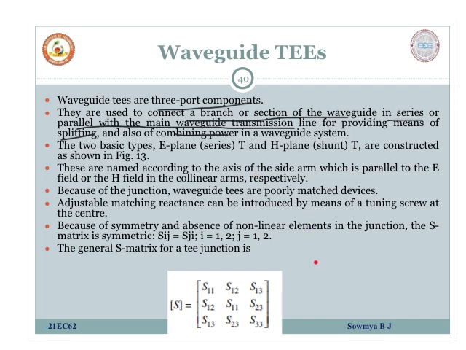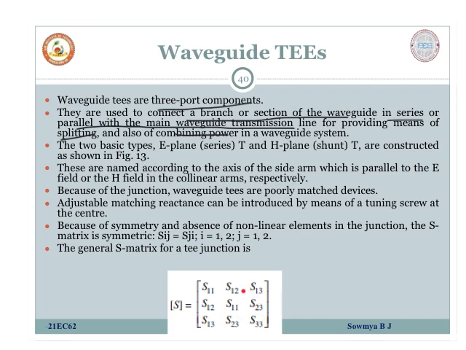Since they have 3 ports, 1 and 2 are the collinear ports and 3 will be either the E port or the H port. So, accordingly, the S matrix consists of 3 cross 3 elements. It is represented as S11, S12, S13, S21, S22, S23, S31, S32, S33.